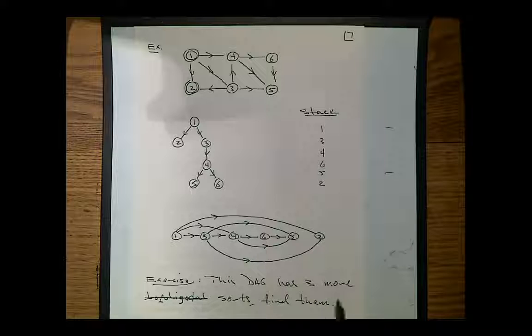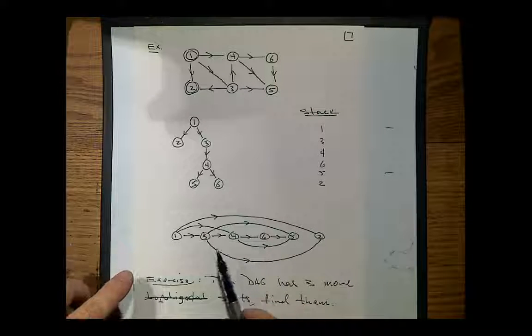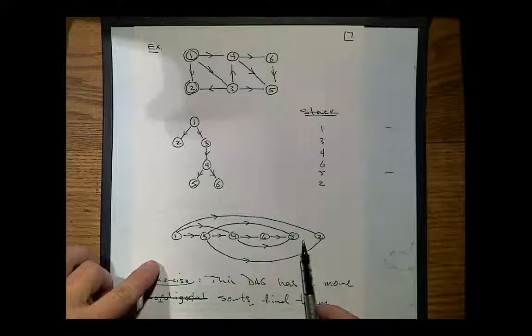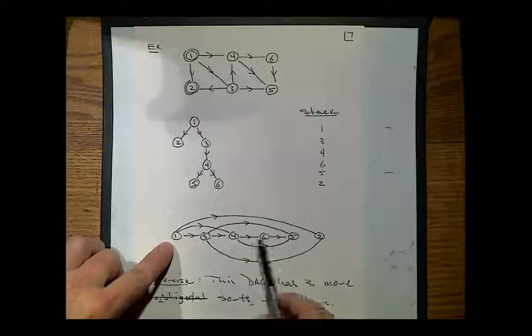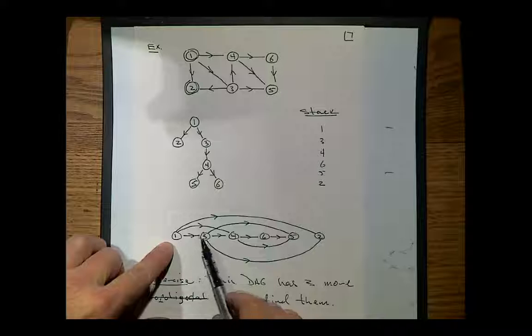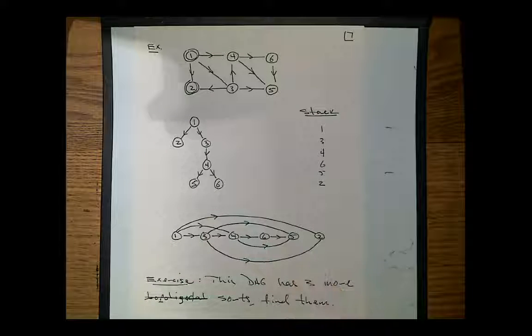Okay, so can you see what they are, though? Here's how you find them. Just stare at this one topological sort and pretend the edges are made out of rubber bands, so you can move them around.